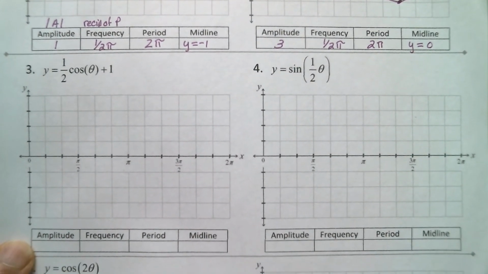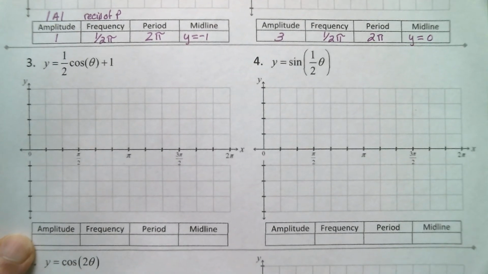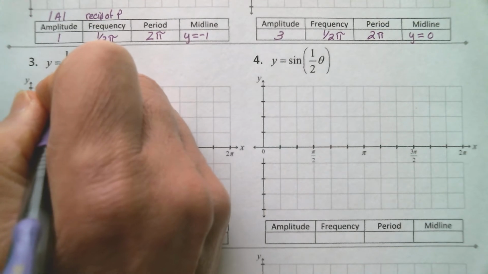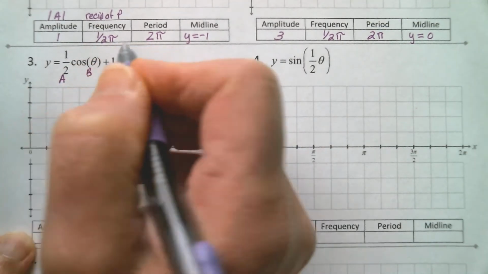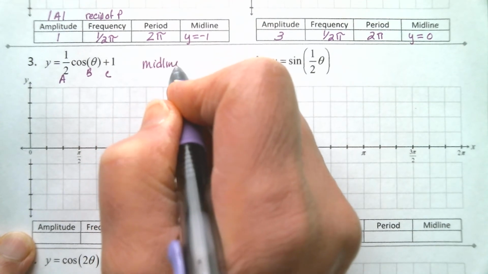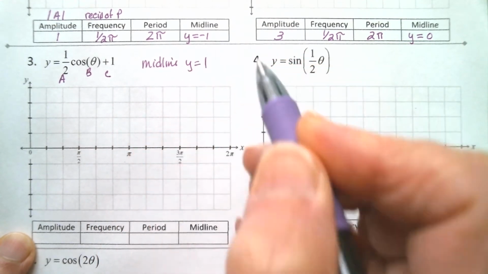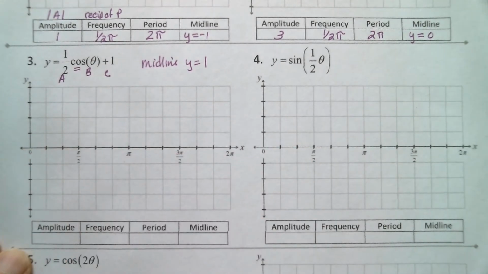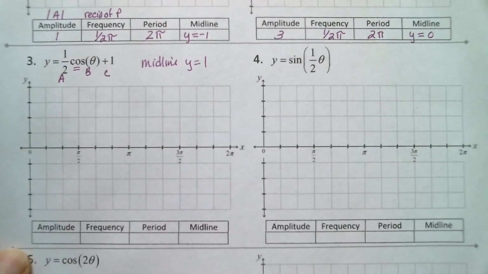Number 3, y equals 1/2 cosine theta plus 1. Again, pull out your A, B, and C values. So C is 1, so our midline is y equals 1. Sorry, let me draw the midline first.